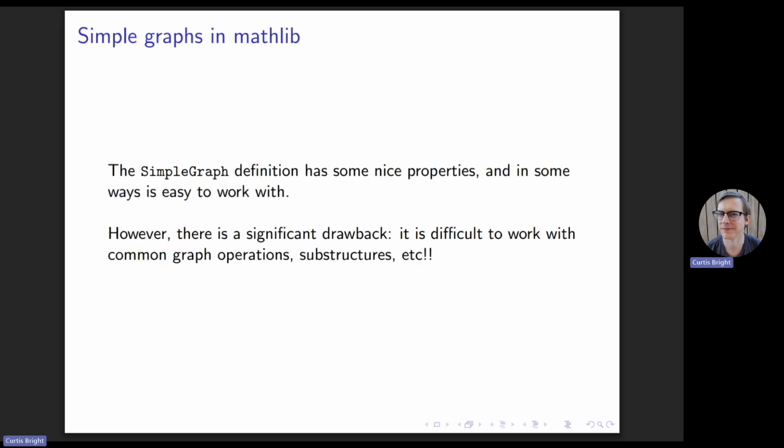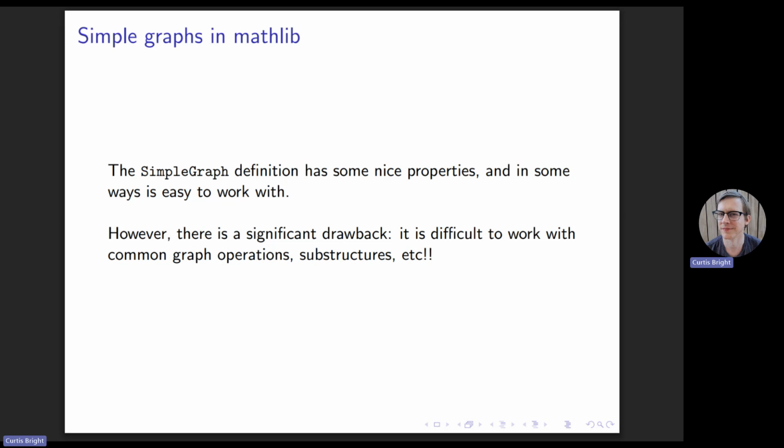Okay, so the simple graph definition has some nice properties. Much like the group definition that we were talking about, it's easy to work with terms of the type directly.